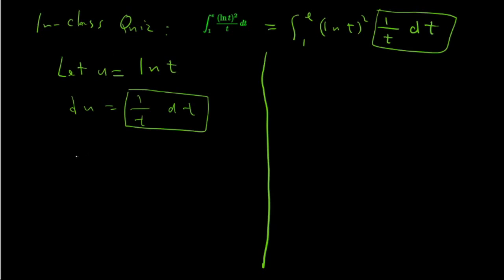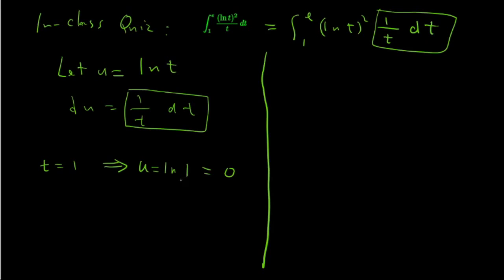The lower limit t value of 1 corresponds to u value of natural log of 1. You need to record the value of natural log of 1. Natural log of 1 is equal to 0, right?